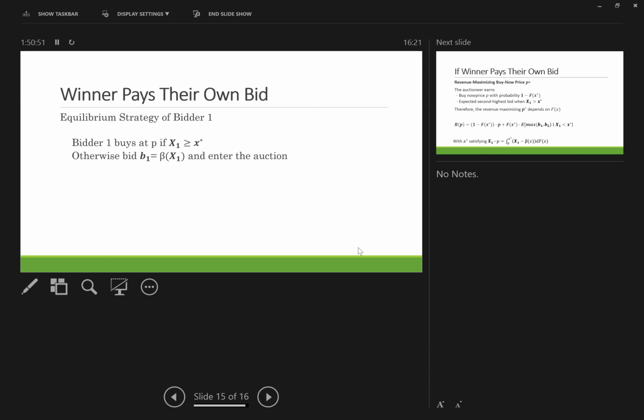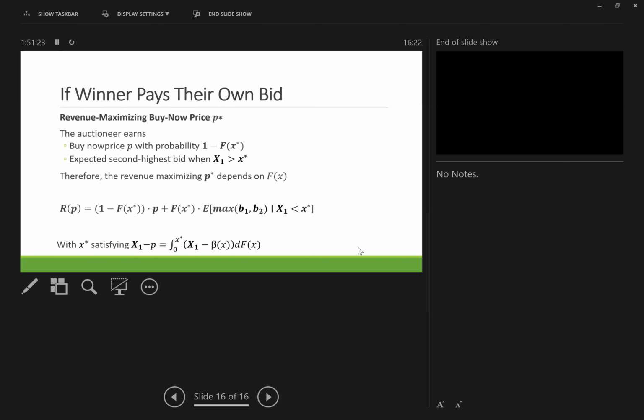If the value is greater or equal to the buy now price, then he should just buy it and go. So bidder 1 has two strategies, and he would need to choose the first or the second, dependent on his or her value for the item.